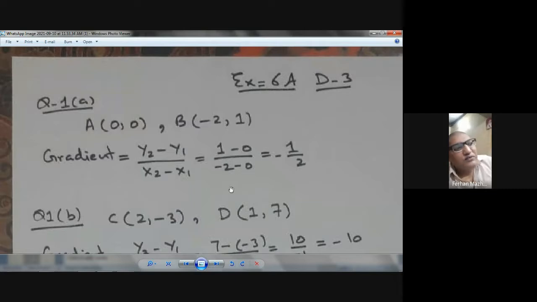Gradient formula: y2 minus y1 divided by x2 minus x1 equals, the y2 value is 1, y1 value is 0, x2 value is minus 2, and x1 value is 0. You just put that value in that formula. So 1 minus 0 will be 1, minus 2 minus 0 will be minus 2. So the final answer of the gradient will be minus 1 by 2.